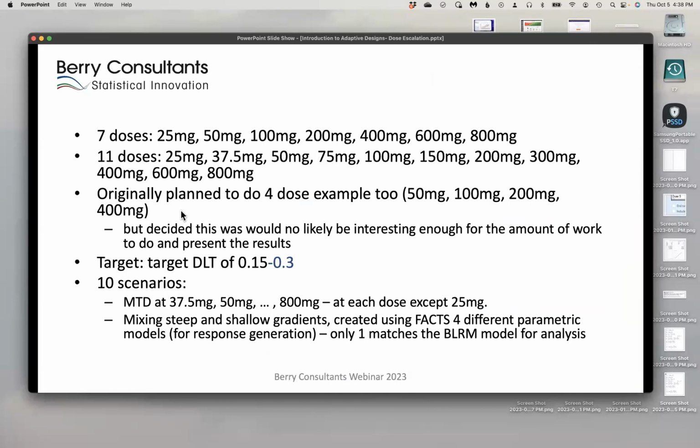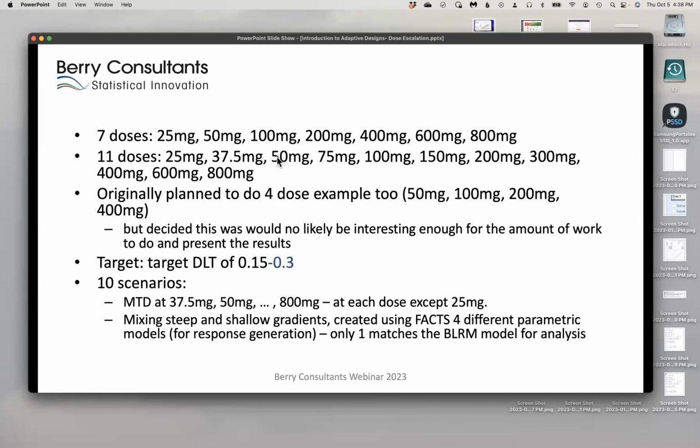In the fullness of time, I will repeat this with 7 doses. So far, I've only done, and we've certainly only have time today to look at, the 11 dose example. So 25 milligrams is our safe dose, de-escalating back down to 37.5 is our starting dose, and then we're going to go up in steps, initially doubling and then going up by about 50%.